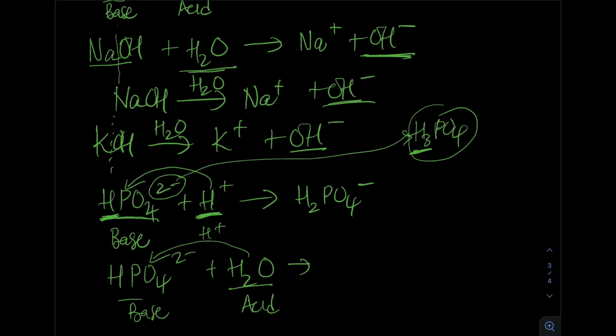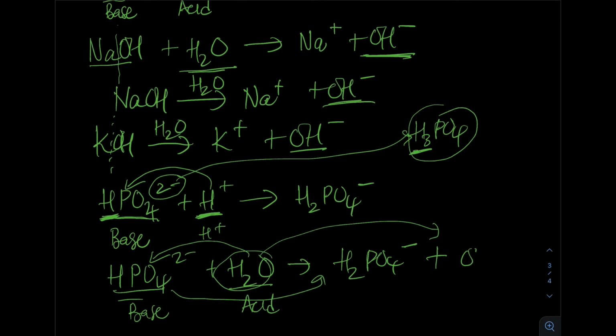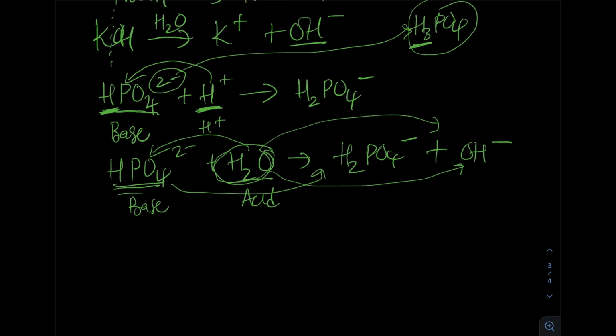So this is going to turn into H2PO4 minus at this point, because it needs one more proton to be stable. So what is this water going to turn into? It's going to turn into OH minus, right? So once this base accepted the proton of water, the water turned into what? An OH minus, right?